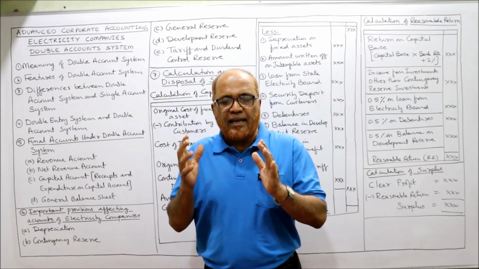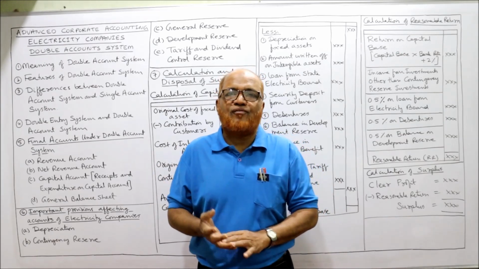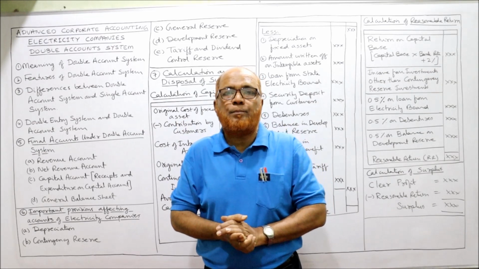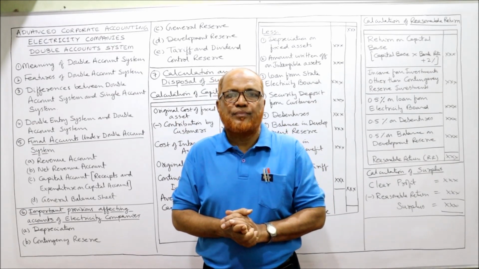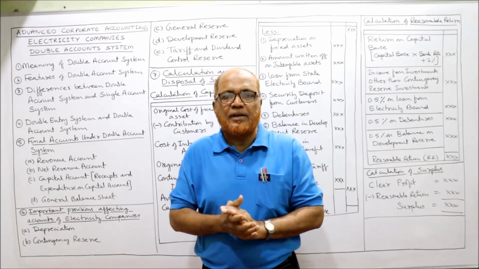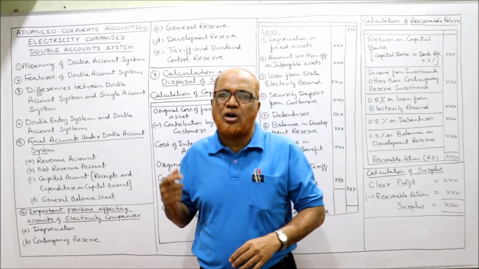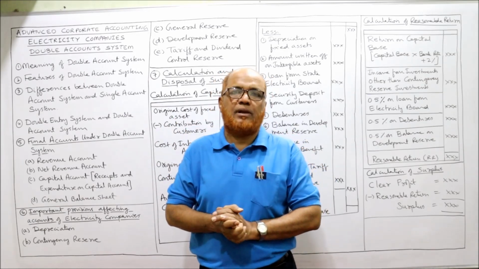So, electricity companies. There are many public utility concerns formed by the government which provide services to the public, like gas, electricity, water, and railway companies. These are called public utility concerns because their objective is not only to earn profit but to provide service to the people.